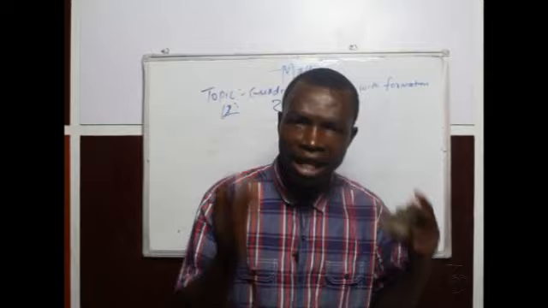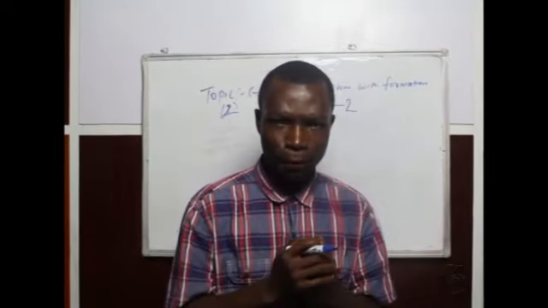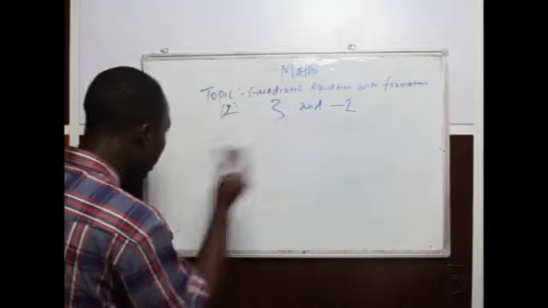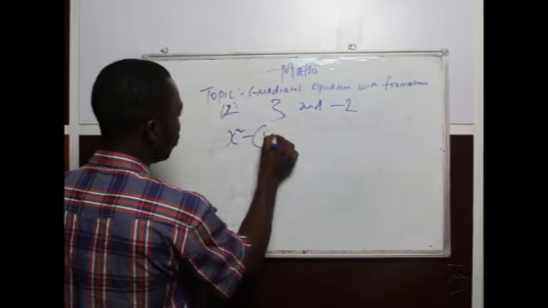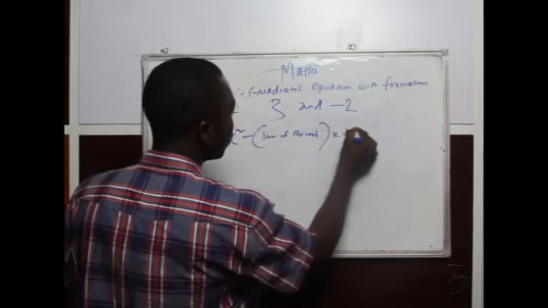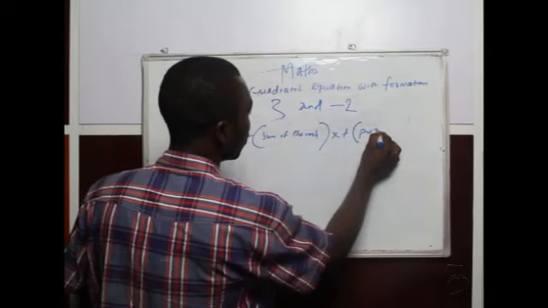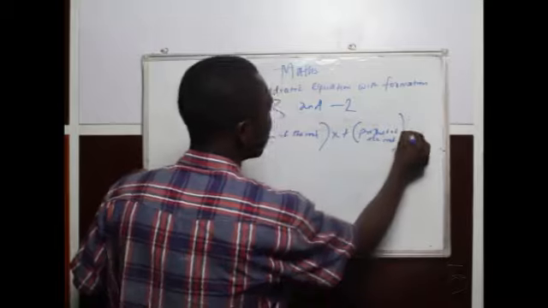If one of the given roots is positive and the other is negative, let us use our formula. Remember that our formula is x squared minus, bracket, sum of the roots, bracket, x plus, bracket, product of the roots, bracket, equal to 0.